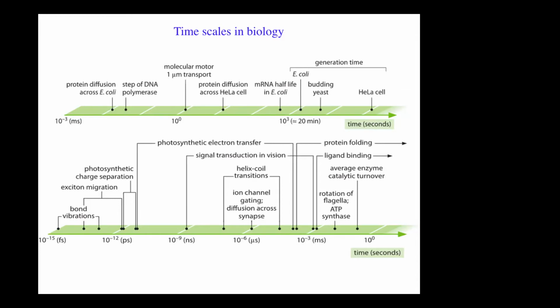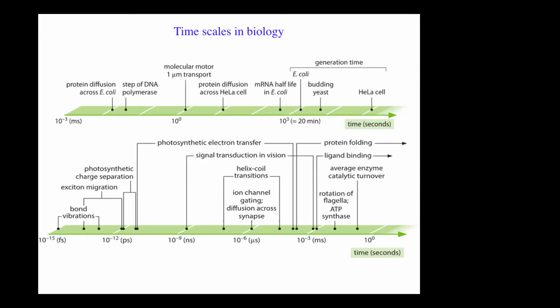Or if you're folding up a protein from a denatured random coil and you want to make it into an alpha helix, that takes something like a few microseconds, maybe less than a microsecond to 5 microseconds, but it's in that ballpark. So again, things like protein folding have a hard limit on them: the thermal energy that's available for the macromolecule to explore its configuration space is limited, and that's about the amount of time that it takes to do it. There's not much you can do to make things faster.